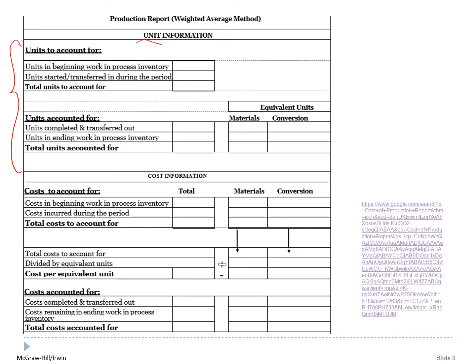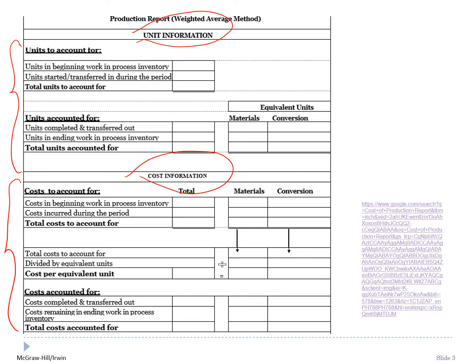That is unit information. The second portion is about the cost. That's cost information, from the cost to account for part up to the cost accounted for part.